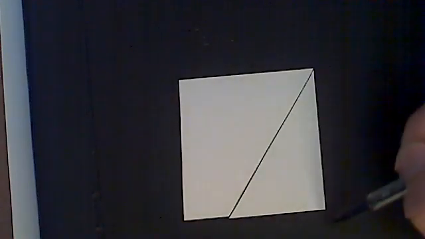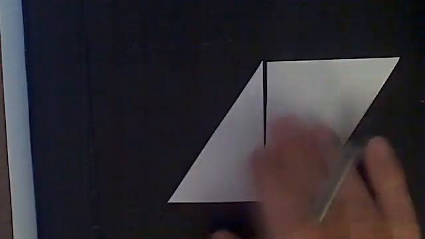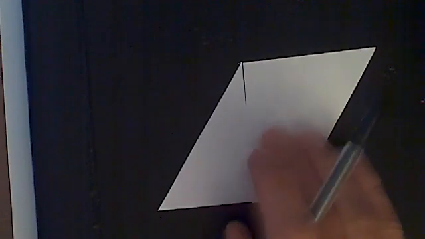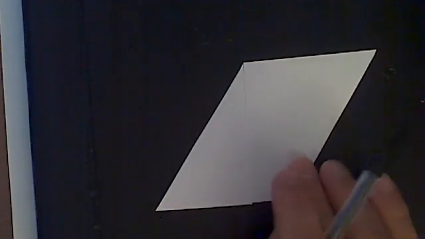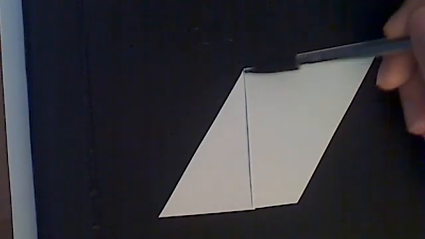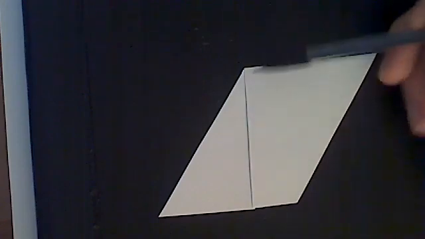Well, this is a height, and this is the length, or here we'll call it the base. So it is just the same formula as finding the area of a rectangle. We do need to know what the height is and the base. So base times height gives us the area of a parallelogram.